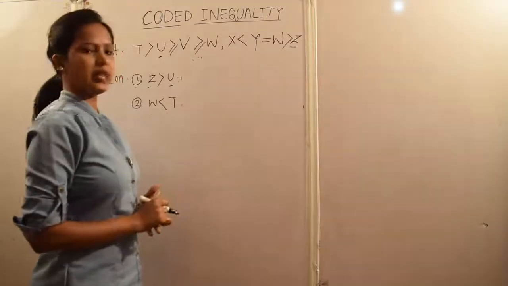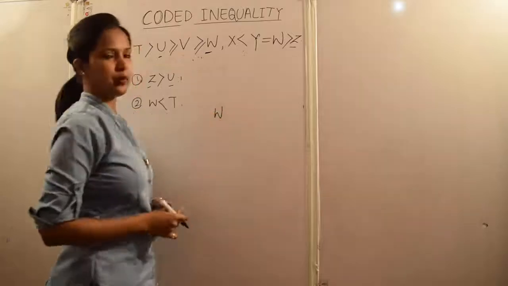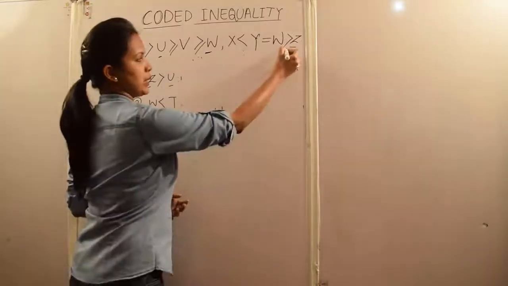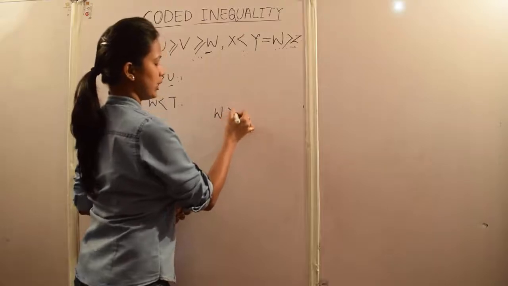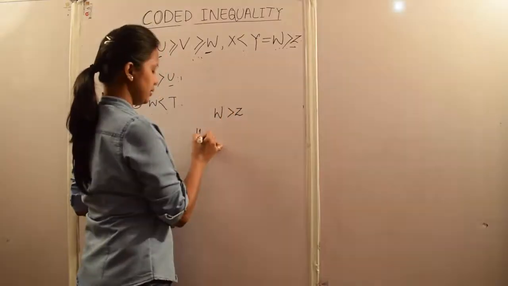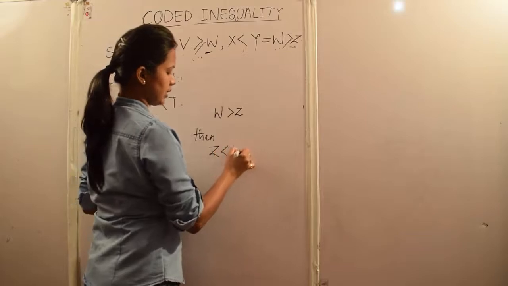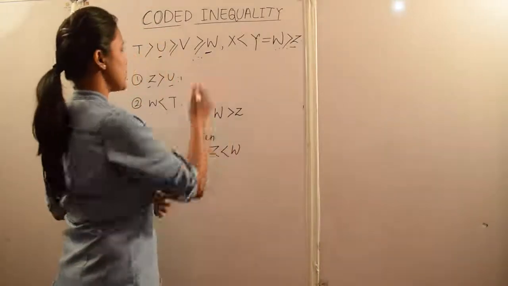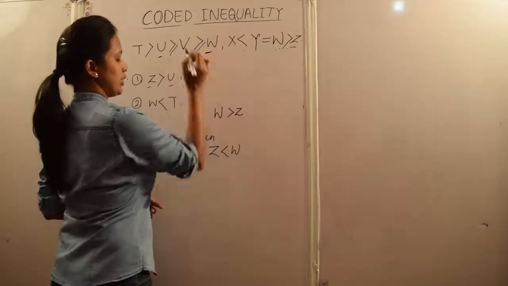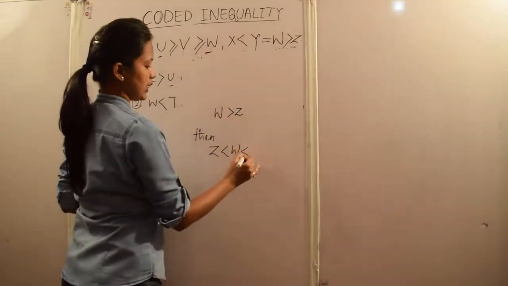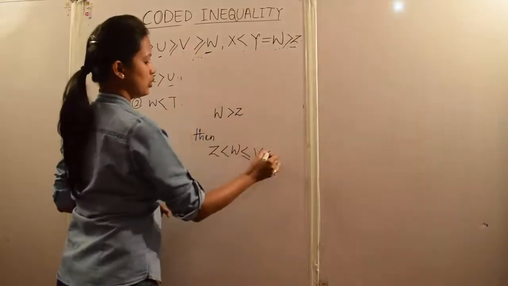So the common variable is nothing but W. Here in the second statement, W is greater than Z. So I will write W is greater than Z, then Z is less than W, and from the first statement W is less than or equal to V. So I can write here W is less than or equal to V and V is less than or equal to U.